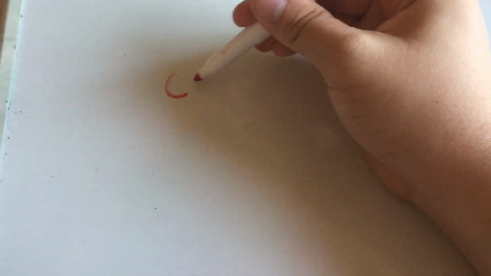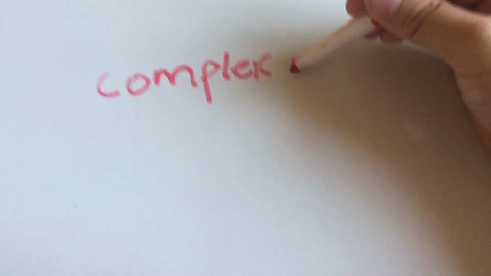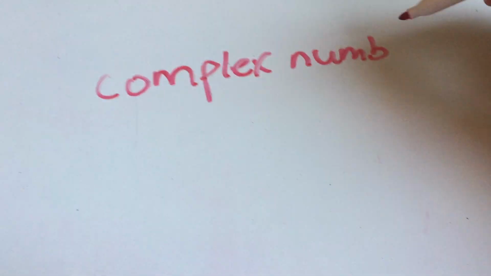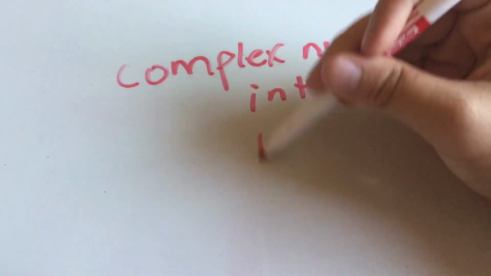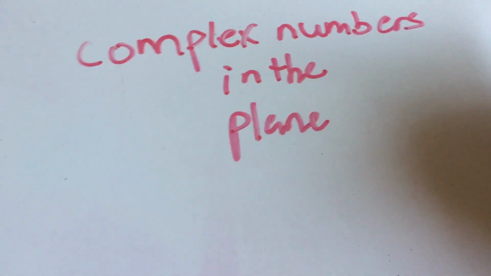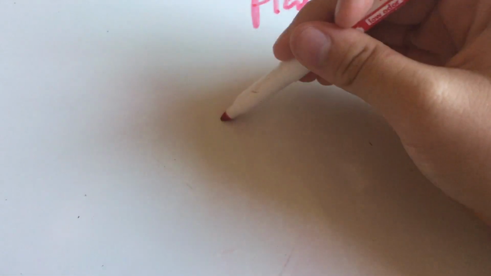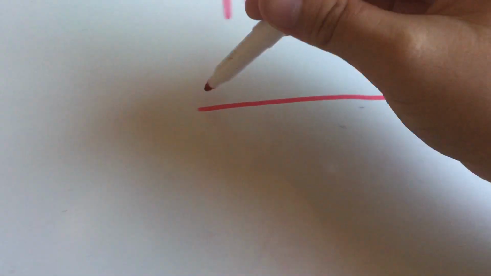Moving on to complex numbers in a plane. So if we're plotting numbers like 1 and 2 on a plane, just pretend this is your x-axis.